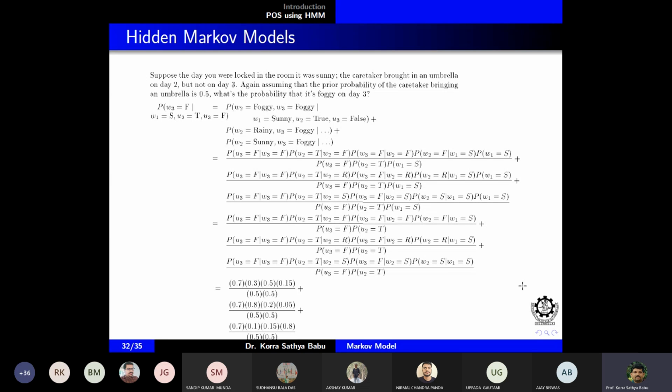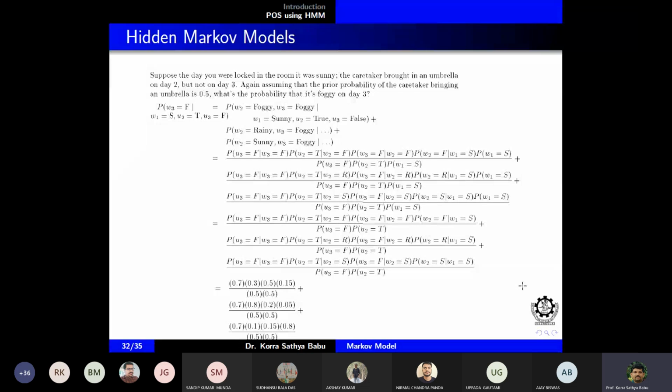This can be written as the probability of W2 equal to foggy followed by W3 equal to foggy given W1 equal to sunny, U2 equal to true and U3 equal to false, plus the probability of W2 equal to rainy followed by W3 equal to foggy. You do not know whether the second day is rainy, foggy or sunny. That's why you have to find it out completely.